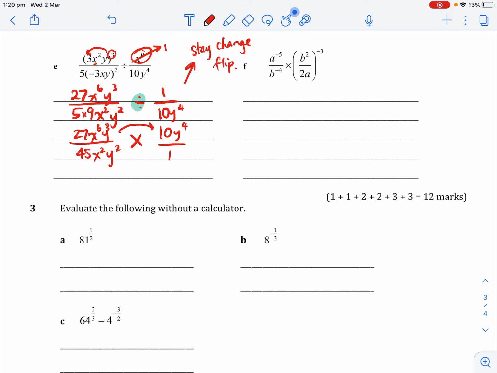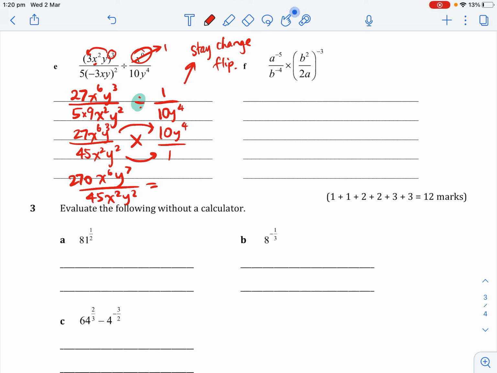Okay, now I multiply my numerators and my denominators, and I get 27x to the power of 6, y to the power of 7, because I added the powers for the y's, and then 45. Oh, I missed the 10 there too. Let's go back a step. 27 times 10 is 270. And then on the denominator, I have 45 x squared, y squared.